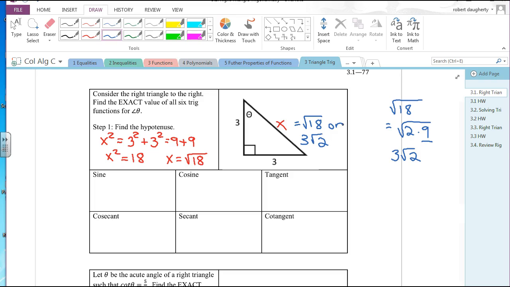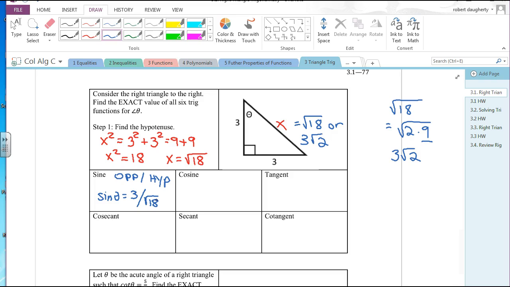So, what is our definition of sine, guys? Yeah, opposite over hypotenuse. So if you look at this angle right here, what's the value of the opposite side? Yeah, so the sine of theta is 3 divided by what? Yeah, 3 over square root of 18. Okay.